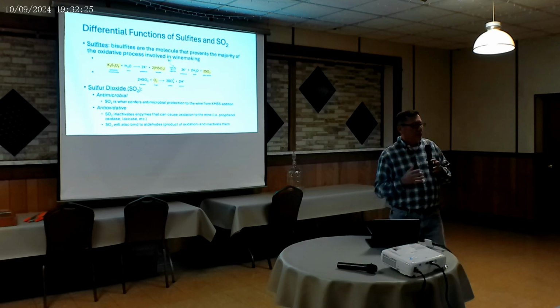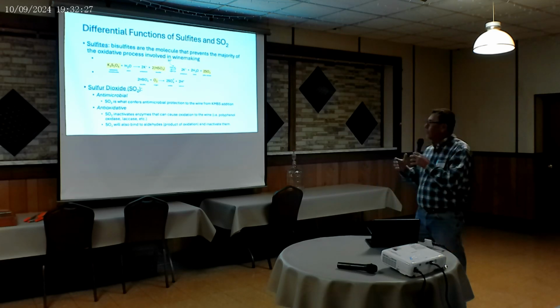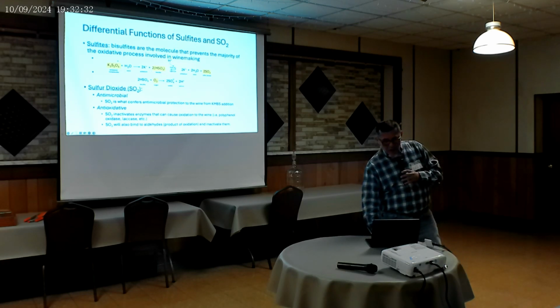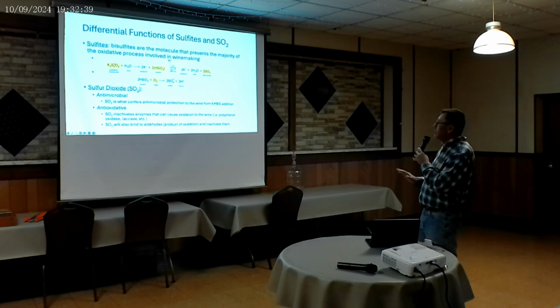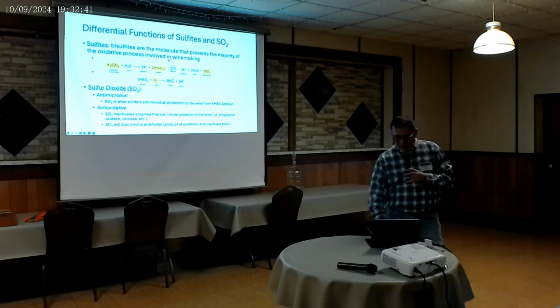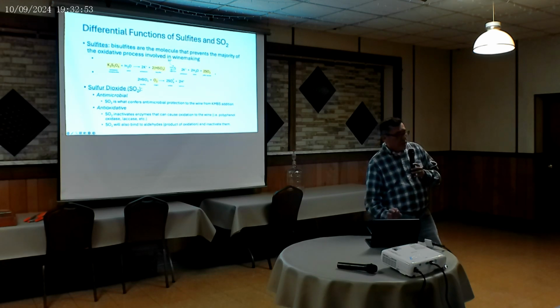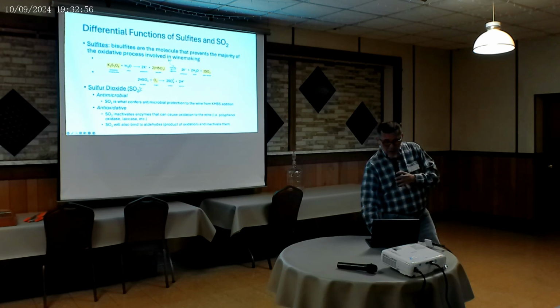Okay. Now, we talked about that, and then we kind of want to break it down a little bit between sulfur dioxide and sulfites. One of the things that I learned is that when you dissolve potassium metabisulfite, and that's what this is, K2S2O5, in water, and it's not necessary to look at all this other stuff, but what I'm trying to point out is that you get sulfites, and then you get sulfur dioxide.